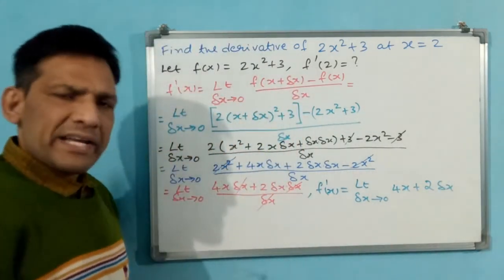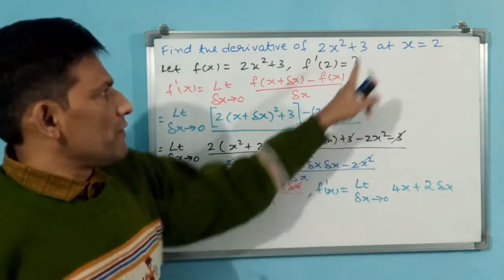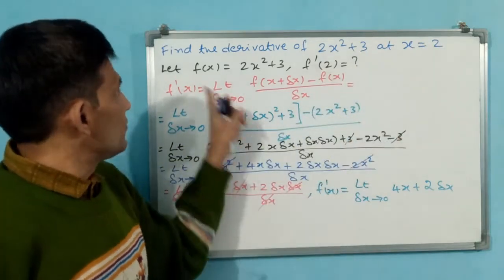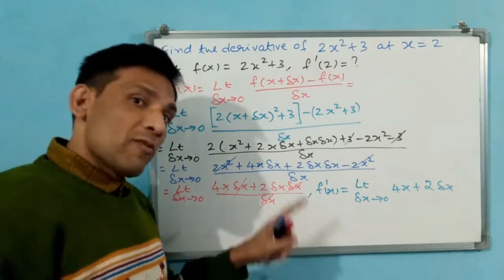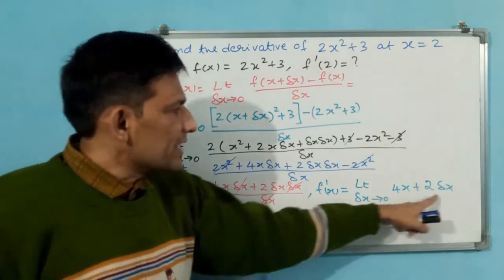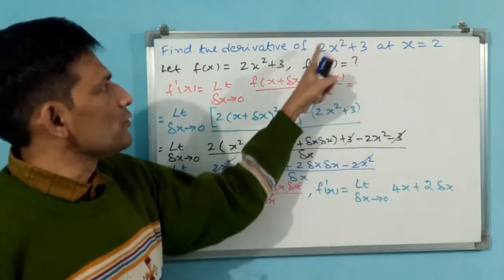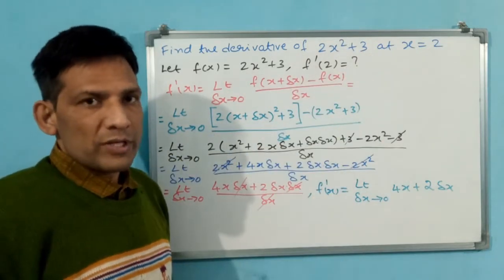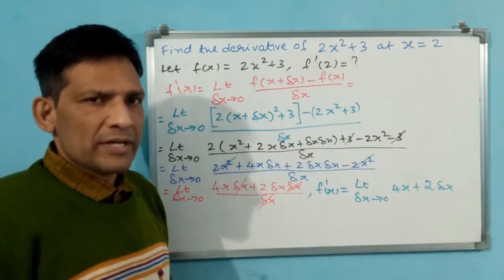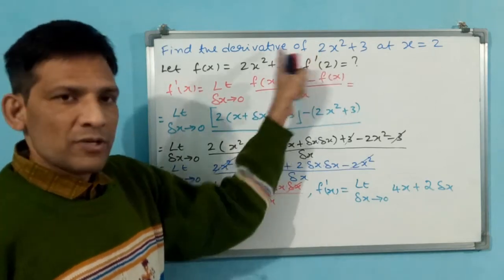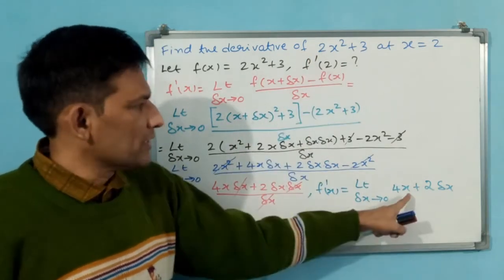Until now you have done properly, forget about x is equal to 2. Now delta x we were substituting. What will come? 4x will come. That we know already: 2 into 2, 4x. 2 into x power n, 2 minus 1 means 2x will come, already 2 is there, so 2 into 2, 4x has come. Why?